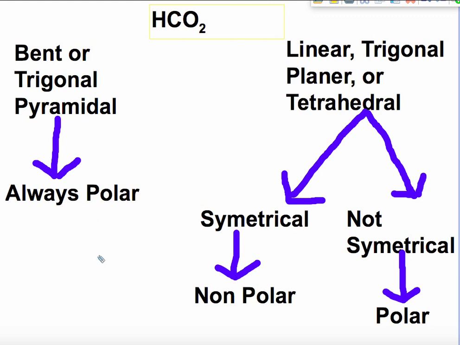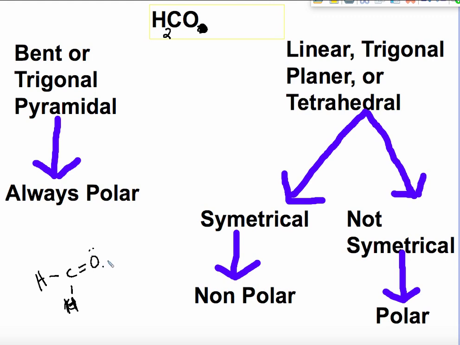Okay, HCO2. So if you draw the Lewis structure for HCO2, I think I wrote that formula down wrong. I wanted the formula to be H2CO. So that's the wrong formula. So if I go H2, so we got a carbon, hydrogen I mean, and then a double bonded oxygen.